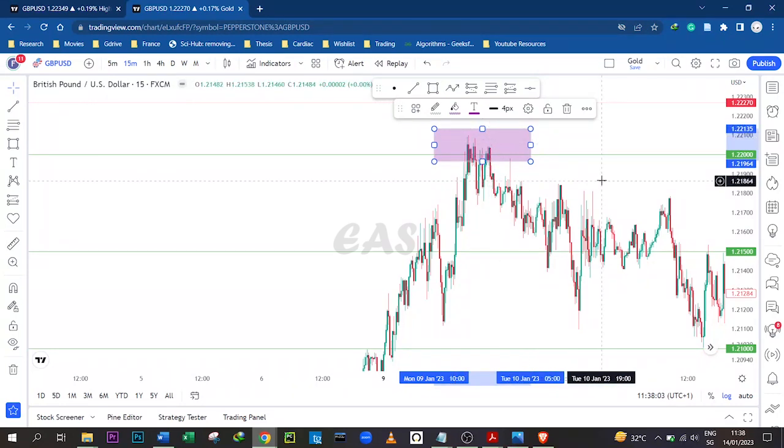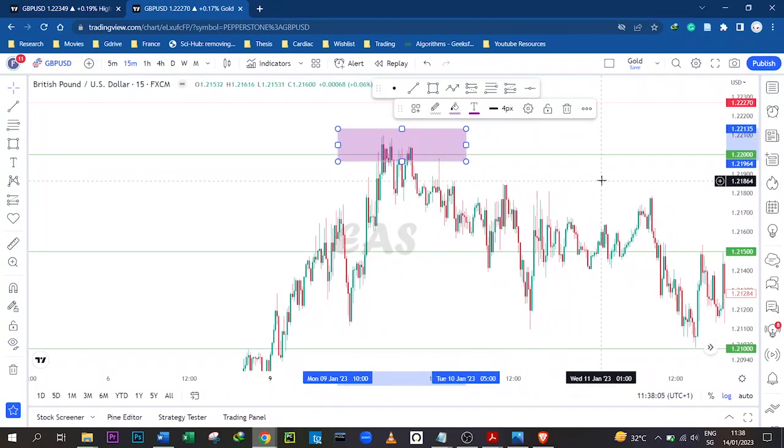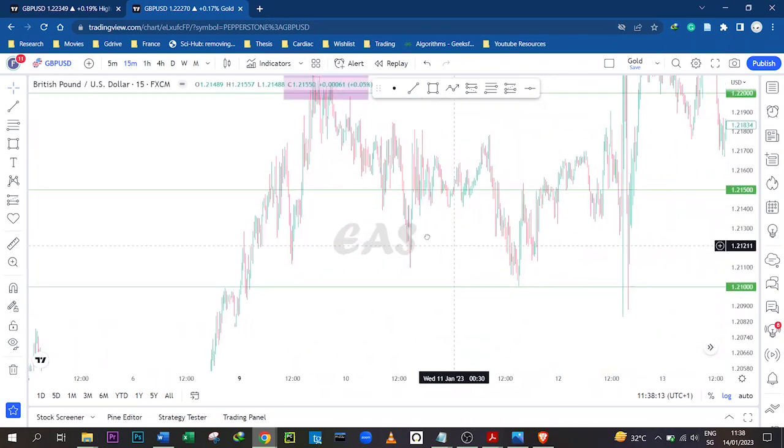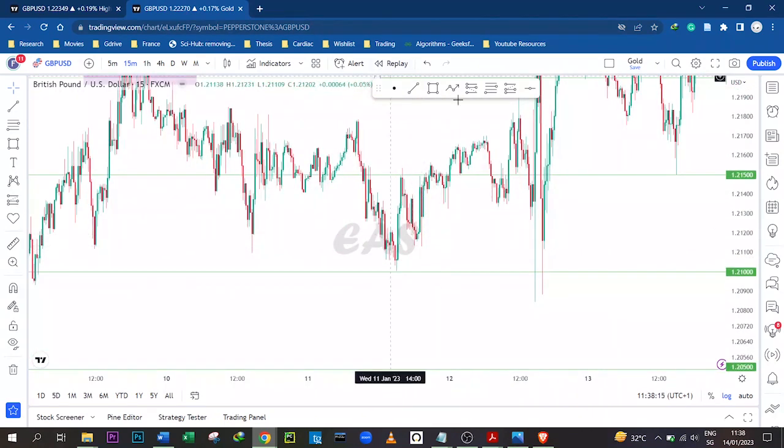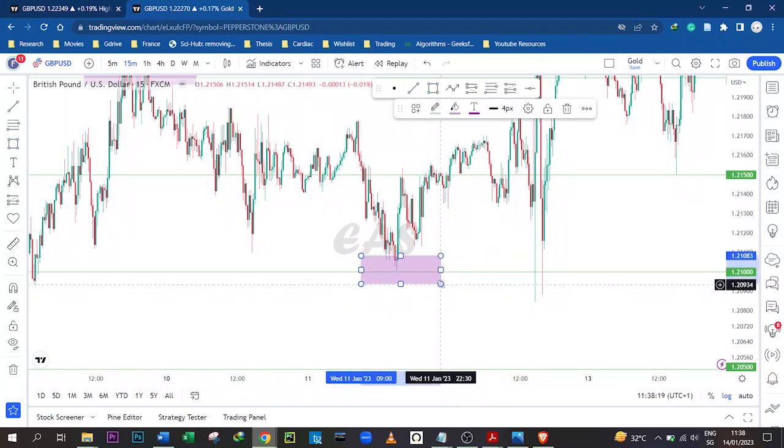This is a region of resistance. People tend to think these resistance levels are just lines. Oh, this line. No, they're actually zones, regions, like I said. And you can take this as your region of support.